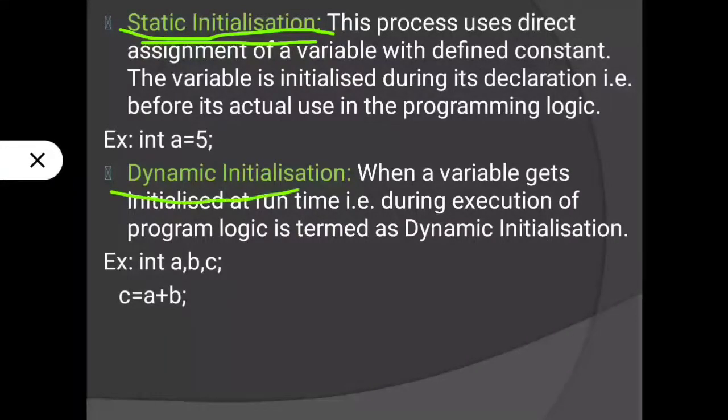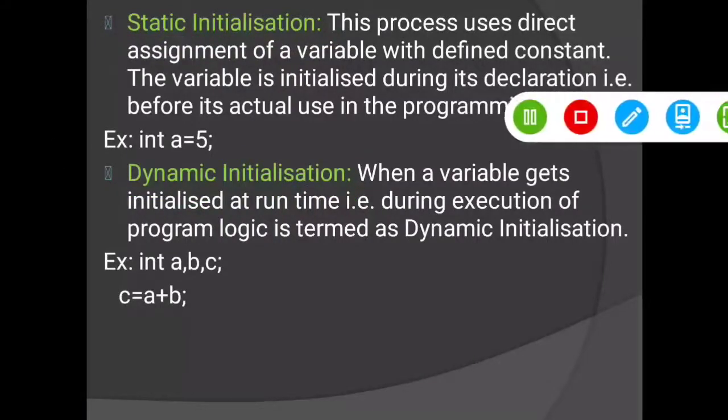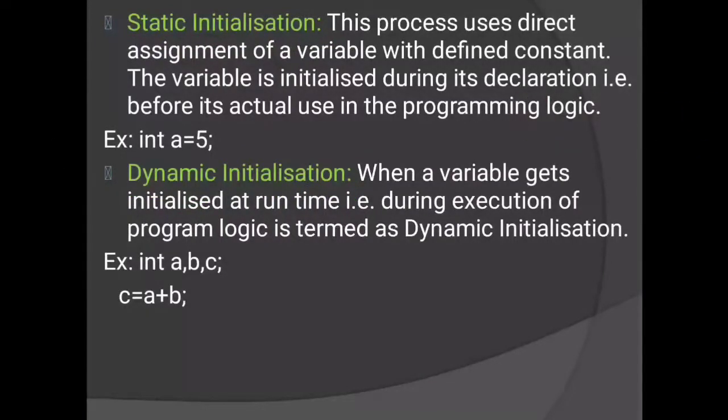Then next is dynamic initialization. Dynamic initialization means when a variable gets initialized at runtime, that is, during execution of program logic. Runtime means in the part of statements, in calculation time.